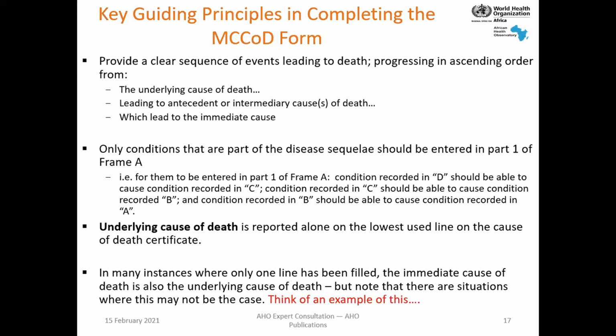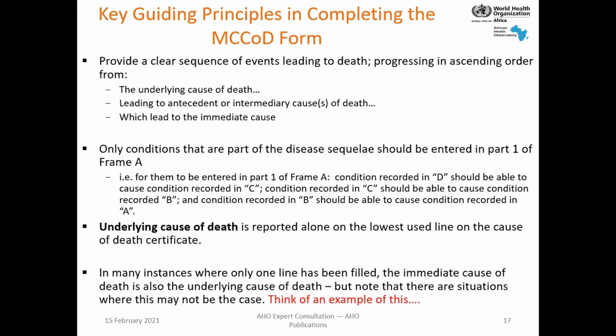Say somebody died of TB and the person has HIV. HIV has contributed to TB, okay? HIV doesn't cause TB, but it makes somebody vulnerable to TB. In such a situation, the two are together, they form a sequence.